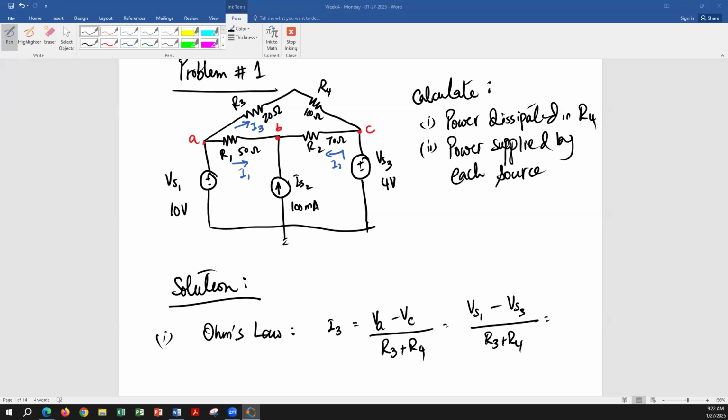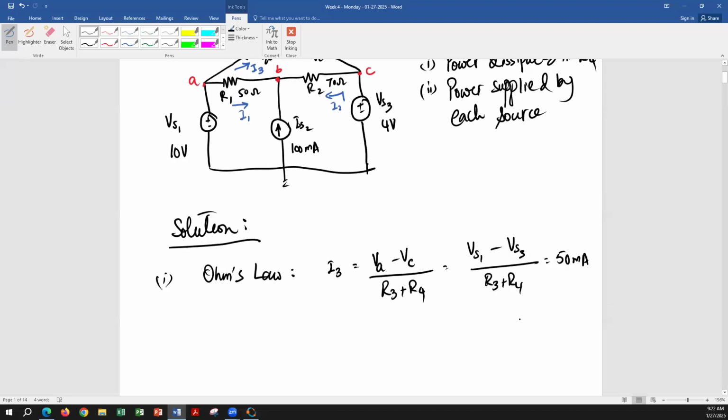All right, so that's 50 milliampere. Is everyone getting 50 milliampere? Once you have this current, this implies power in R4. How am I going to find power in R4?